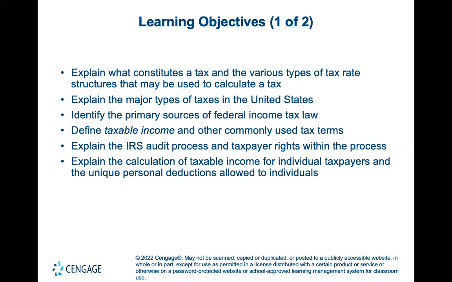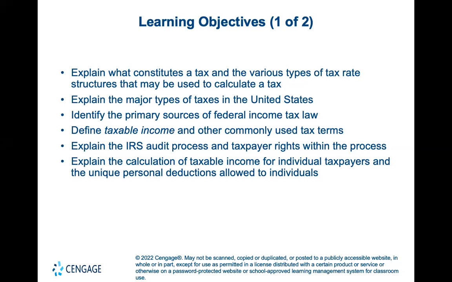So these are the learning objectives. Explain what constitutes a tax and the various types of tax rate structures that may be used to calculate a tax. Explain the major types of taxes in the United States. Identify the primary sources of federal income tax law. Define taxable income and other commonly used tax terms, and then explain the IRS audit process and taxpayer rights within the process.